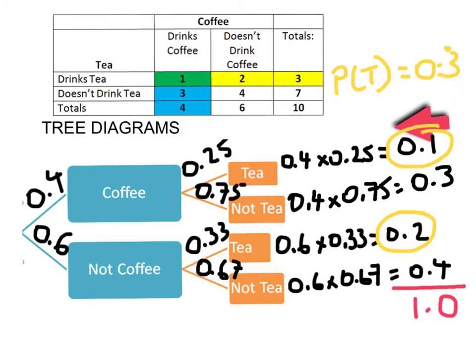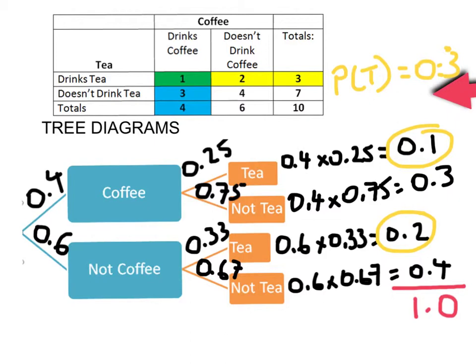And that's all we do. We just simply add these up. What this tree diagram shows us is that irrespective of whether they drink coffee, we have 0.1 of everybody here, plus from the non-coffee drinkers, this 0.2 out of the total is the other portion of our tea drinkers, and we add them up to make the 0.3.